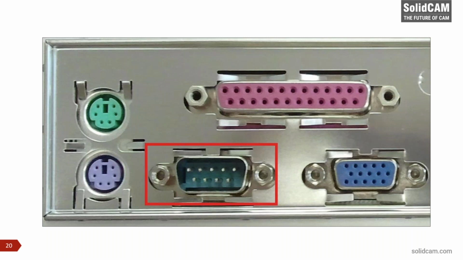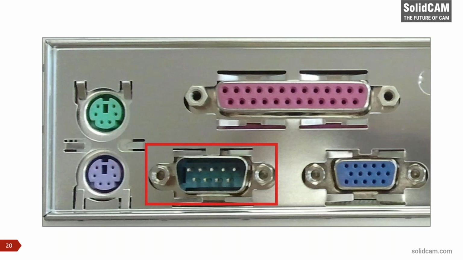DNC was a big leap when it came to sending programs to the machines, because old machines, like 10-15 years back, did not have the ability to read from a USB or Bluetooth, or even Ethernet. Ethernet was the next step, but before that, these were the ports that were used to send programs from your computer to the machine.